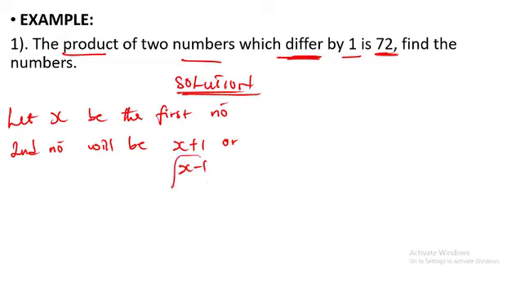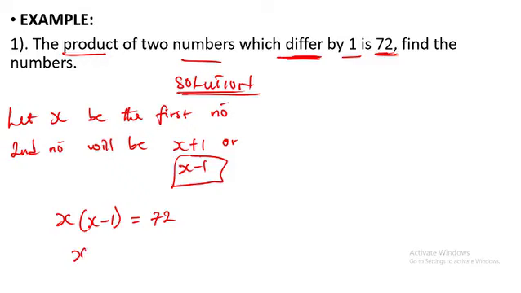Let us start with x minus 1. If we use x minus 1, that means the product of these two numbers will be x times x minus 1, and that will give us 72, since they told us that the product of these two numbers is 72.